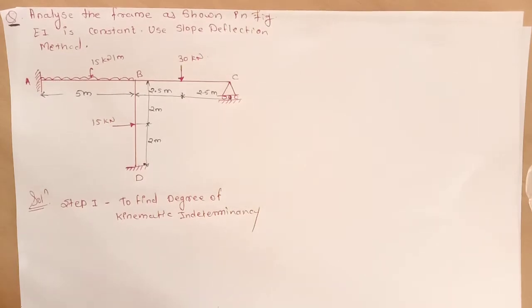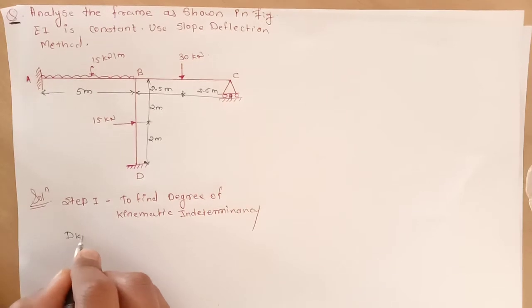So the first step is to find out the degree of kinematic indeterminacy, that is DKI.